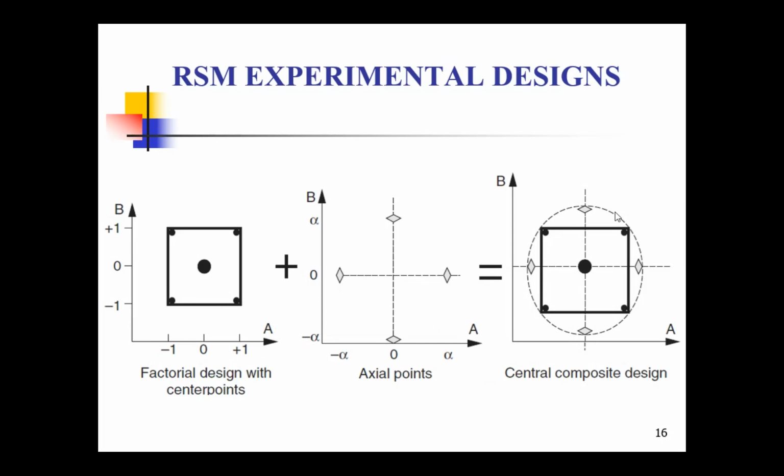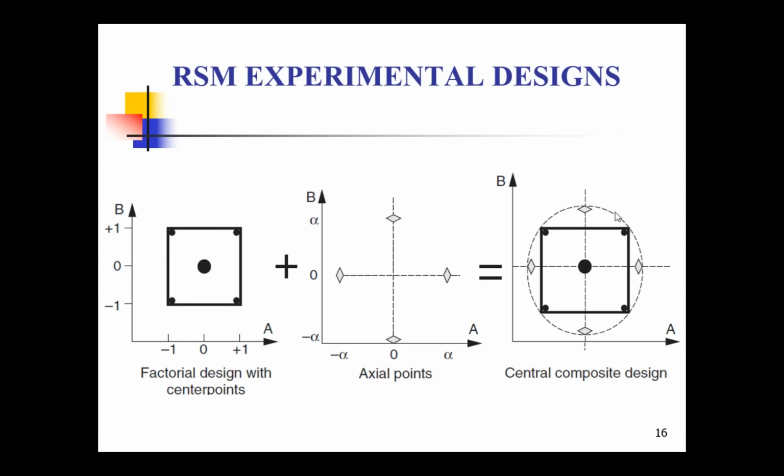So these are the factorial designs with the center points and the axial points, specifically for the central composite design. In the first one, we have the center points, that is on the edges and the center of each and every side. For example, take a front side. At the four corners, we have a point. The points are nothing but the values, and the center point of that surface.